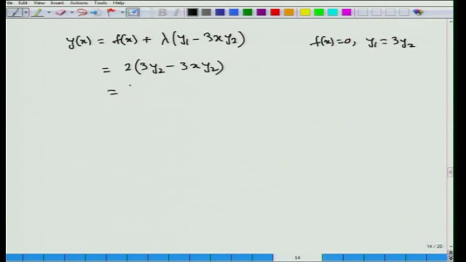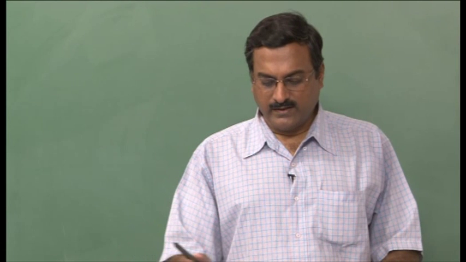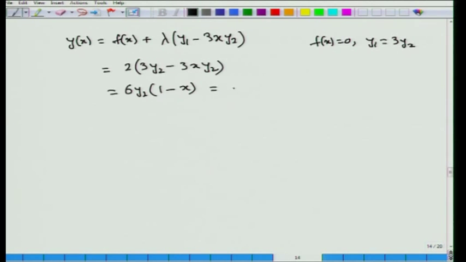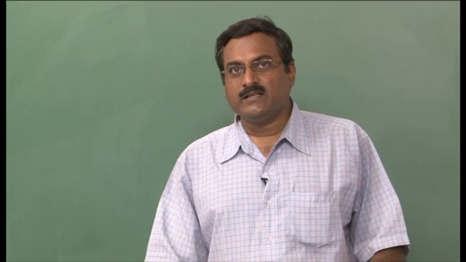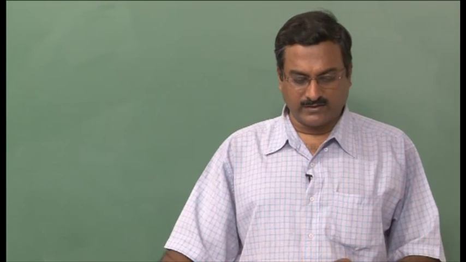So, this is equal to 6 y2 times (1 minus x). Now, we can choose y2 as an arbitrary quantity, and accordingly y1 will also be arbitrary, and therefore, 6 y2 can be written as alpha times (1 minus x). So, therefore, this 1 minus x is actually an eigenfunction associated with the eigenvalue 2 of the homogeneous Fredholm integral equation.